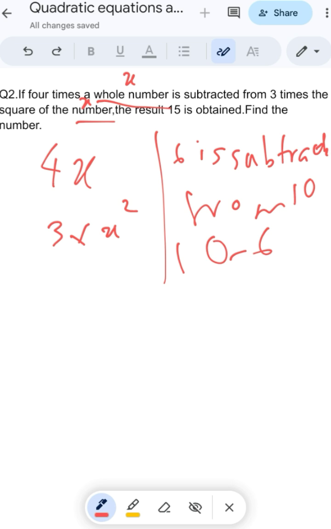The same way over here they have told you, if 4 times a whole number is subtracted from 3 times the square of the number, this means your 3x square is going to come first in the question, then minus 4x. Okay, so whatever is written after "from" has to be written first in this case. So let's start with it now properly.